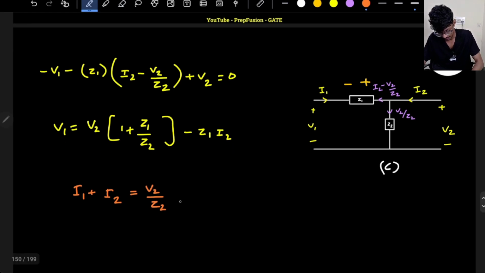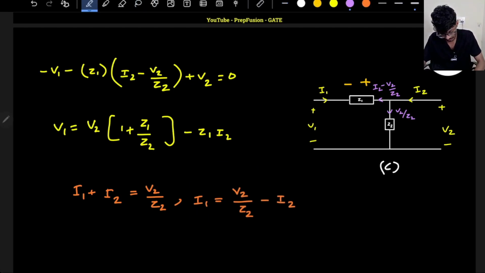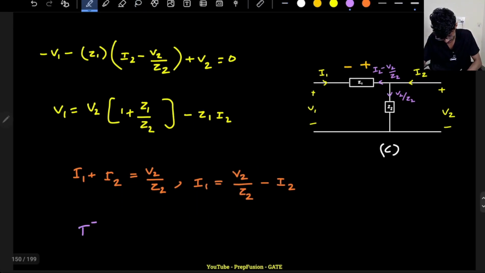So I can say my I1 current equals V2 by Z2 minus I2. So from here I can directly write the ABCD matrix.